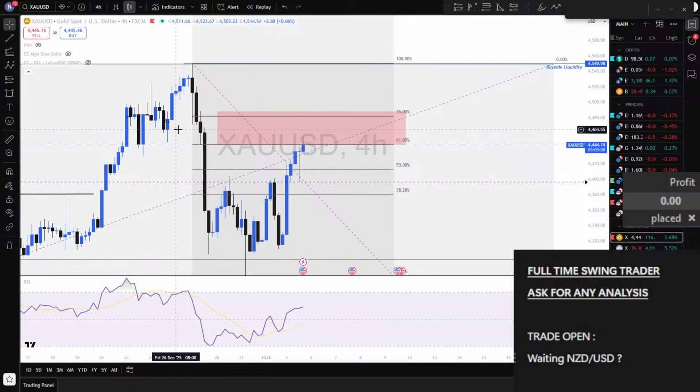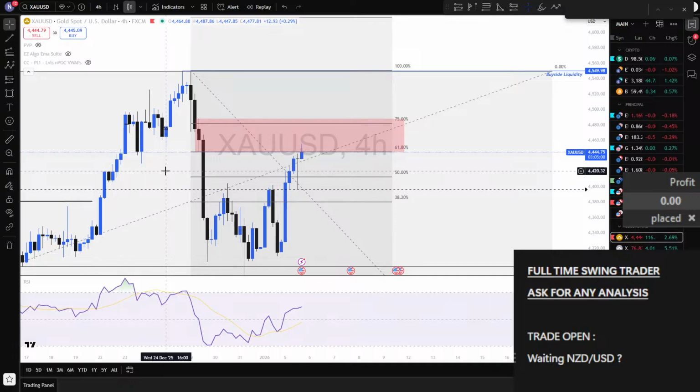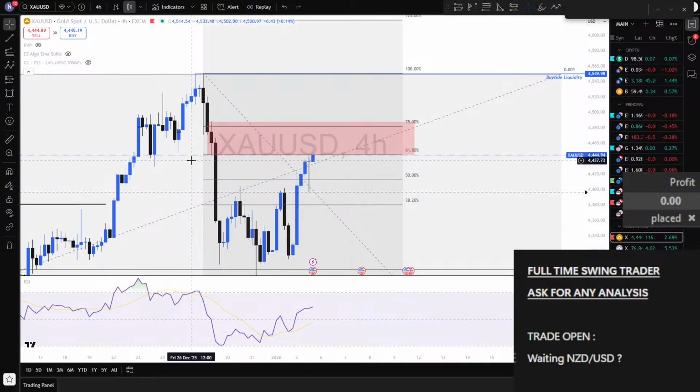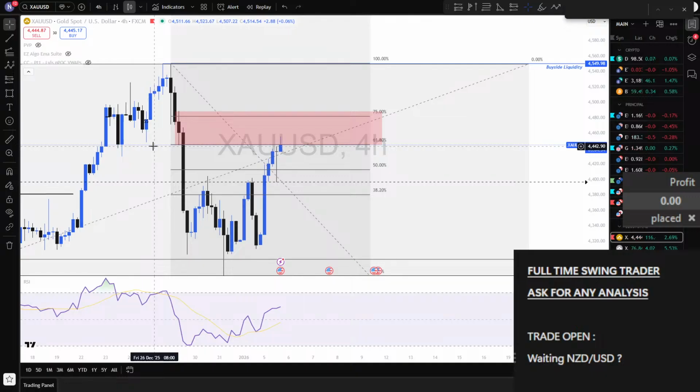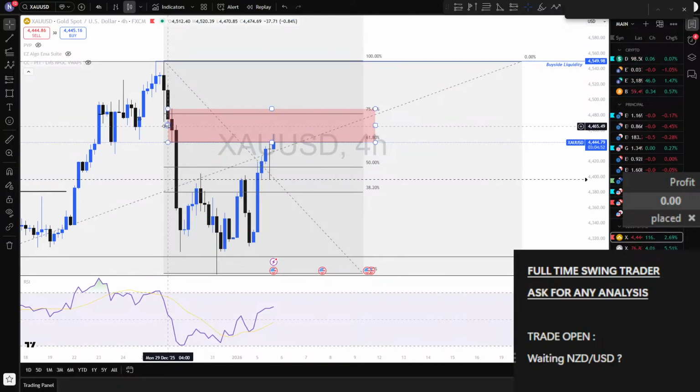Like I said, because it's the base now, it's the POI because the rest is filled. But I don't necessarily go in.